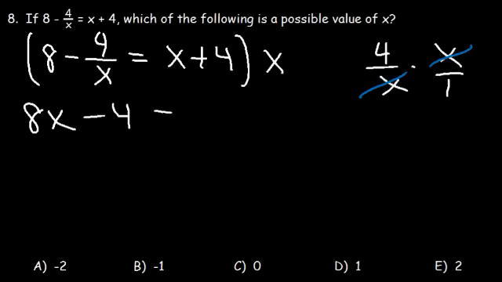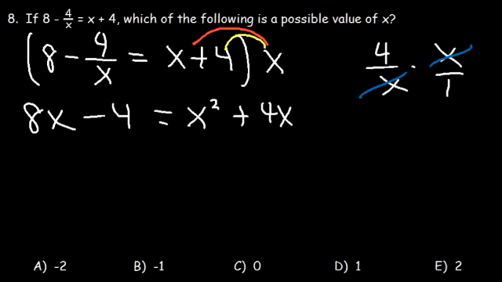So we're just going to get negative 4. And then x times x is x squared, and x times 4 is 4x. So whatever you do to the left side, you have to do the same thing to the right side. We can't just multiply one side by x and not do the same for the other side.